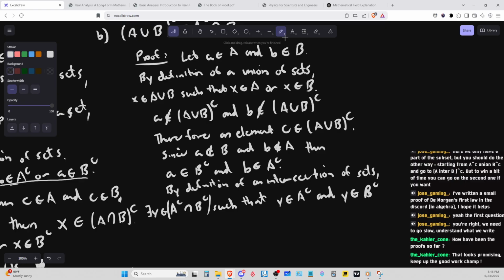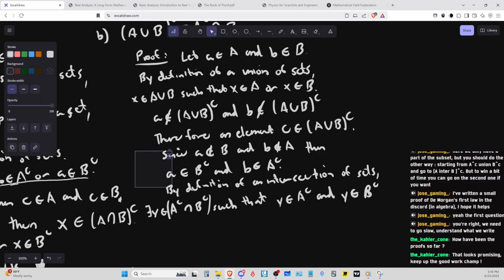By definition of the intersection, there exists a Y such that Y is therefore the element C. Since A and B... Maybe I have to write something after this part. I feel like I'm missing something here.